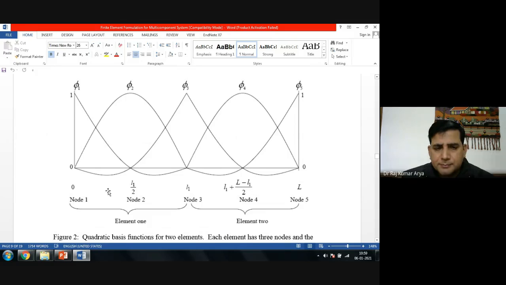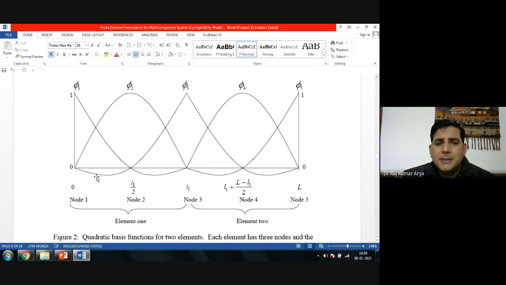Fine. So now these basis functions, these phi, are chosen in such a way that each has the value 1 at one of the nodes and the value 0 at the other two nodes. Let's say phi 1 has value 1 at node 1, the first node.